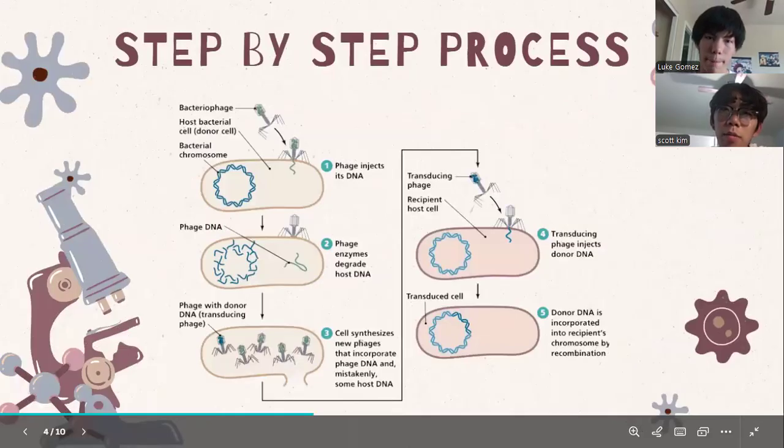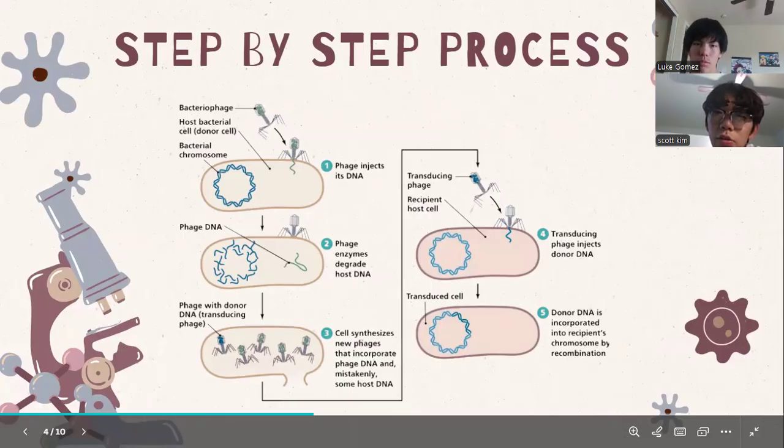Here is the step-by-step process. First, the phage injects its DNA into the bacteria, and the phage enzyme slowly degrades the host DNA, which slowly kills off the bacteria. As the cell synthesizes new phages that incorporate the phage DNA, it mistakenly packages some of the host DNA.